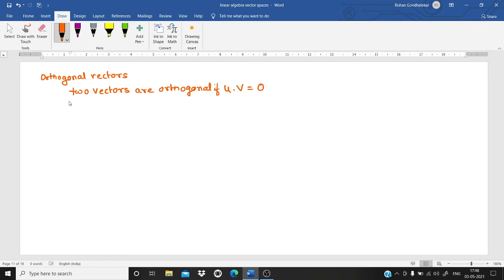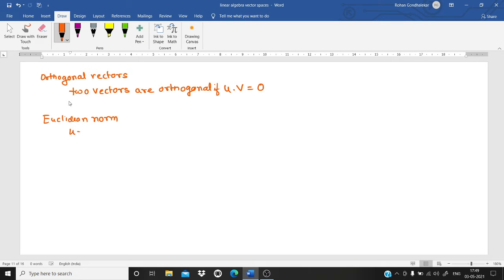Okay. Now, a few more small concepts are necessary for further discussions. One more is the Euclidean norm. Euclidean norm of a vector.